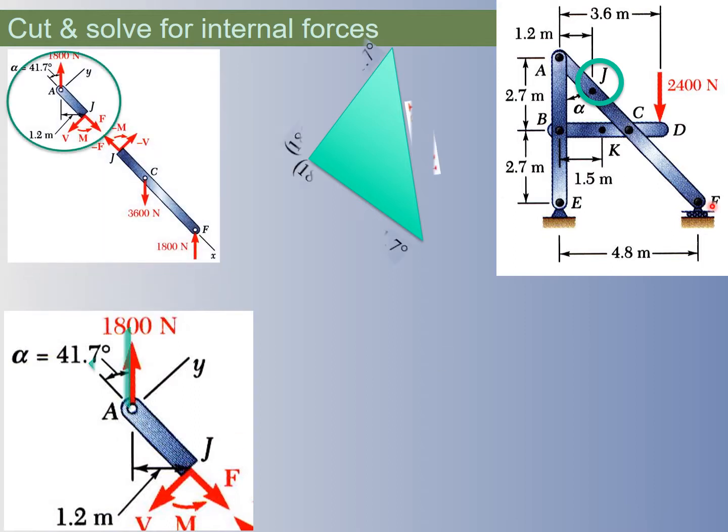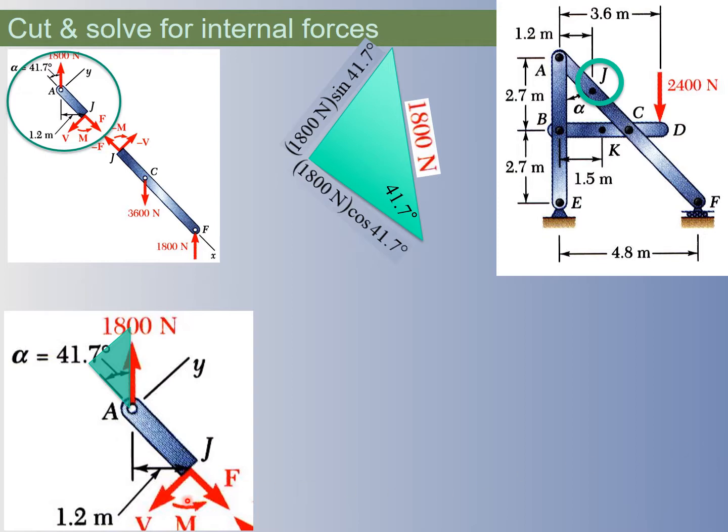Okay, so plugging through the dimensions, you can find what angle that 1800 newtons is with respect to the axial and shear directions. In the axial direction, that's going to be the cosine theta chunk of it, and the shear direction, that's going to be the sine chunk of it.